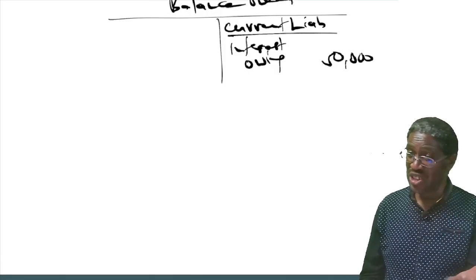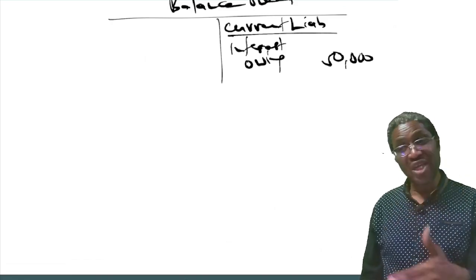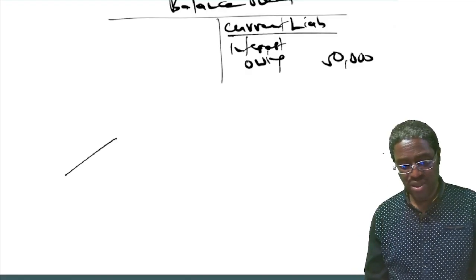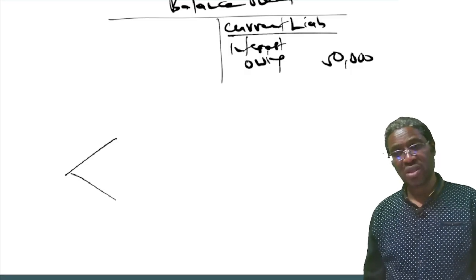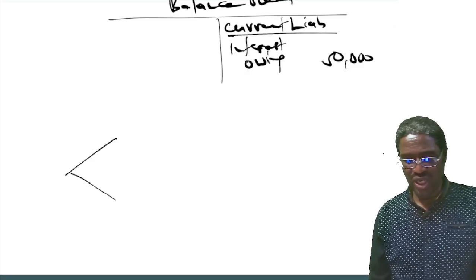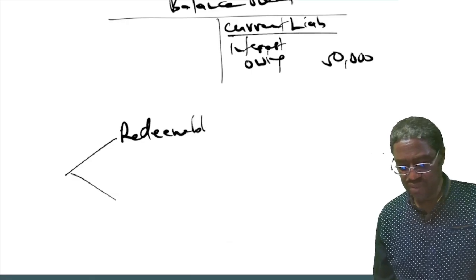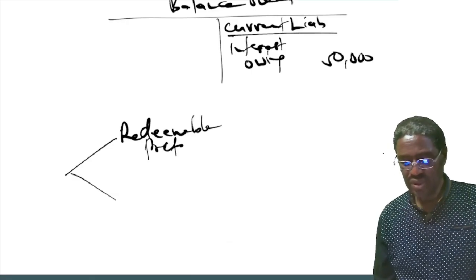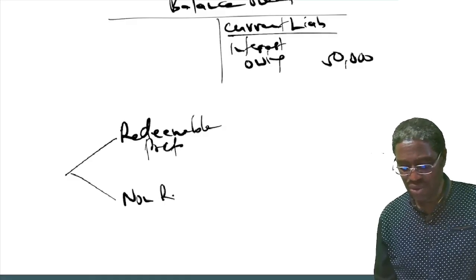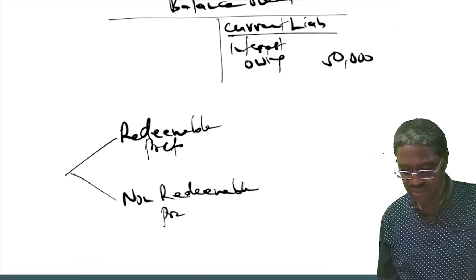When you are issuing preference shares, we have two types that you can issue: a redeemable preference share, or a non-redeemable preference share.